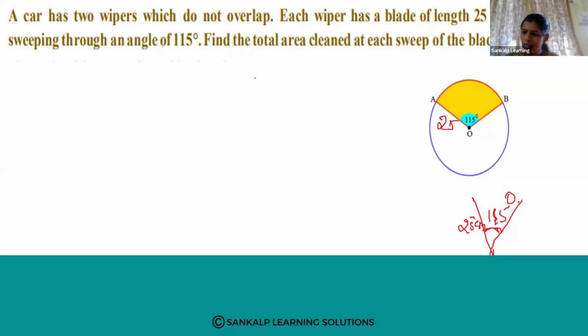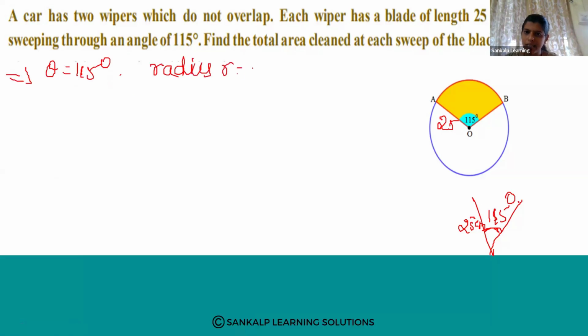Okay, for that, the angle of the sector formed by the wiper is 115 degree. So the angle of the sector formed by the wiper, that is theta, is 115 degree, and the length is itself a radius.